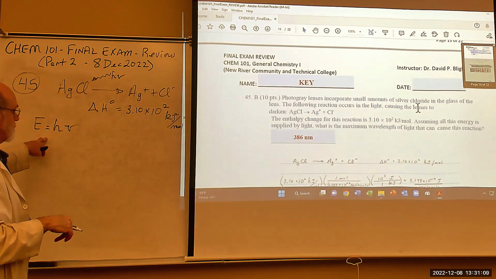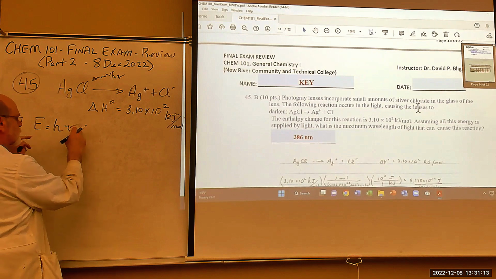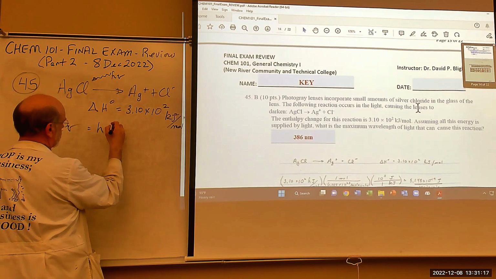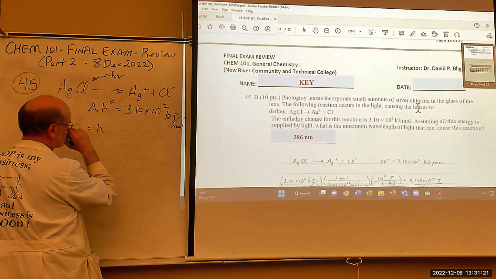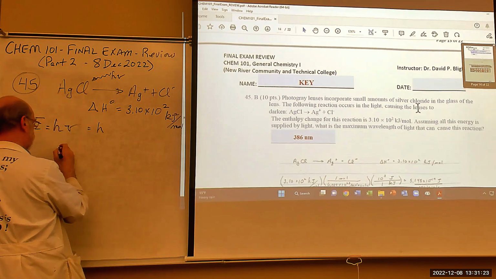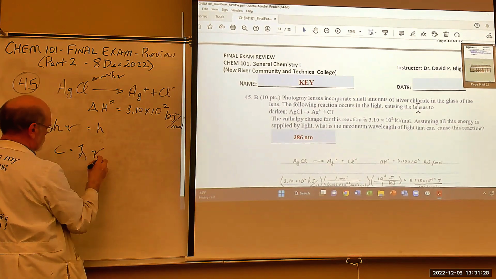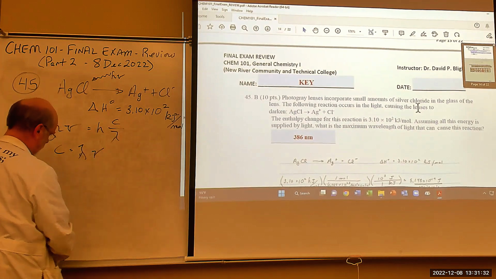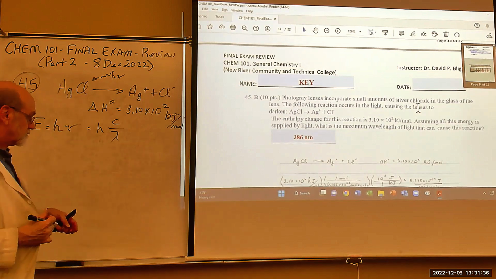Right? So we want wavelength though. So we have to use the substitute for this one, which would be h times, let's see, speed of light, wavelength, frequency. So we want that one, it's c divided by wavelength. Okay.